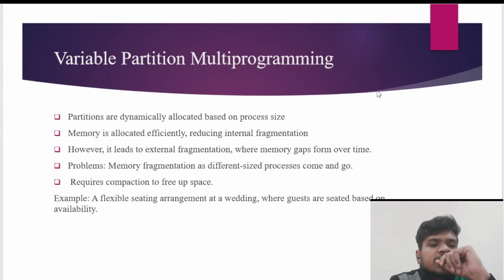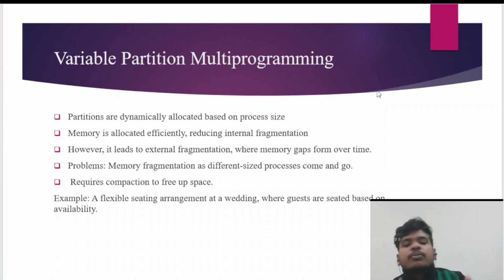But there are some problems with this technique also, like external fragmentation. The memory becomes fragmented as different size processes come and go. And then we have compaction needed. Sometimes the memory must be rearranged to create larger continuous blocks because they are necessary at that time.